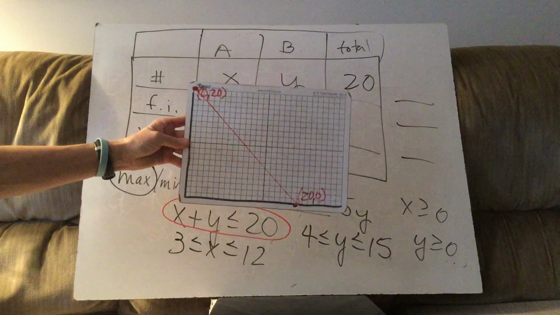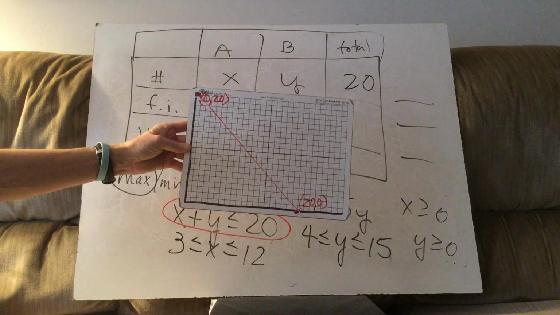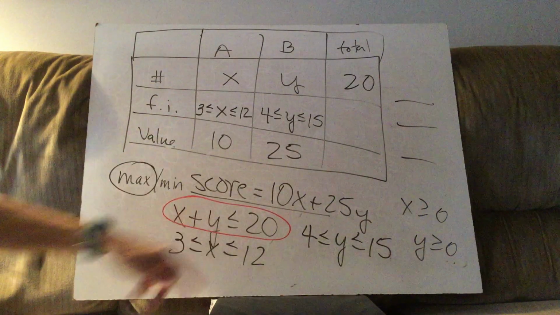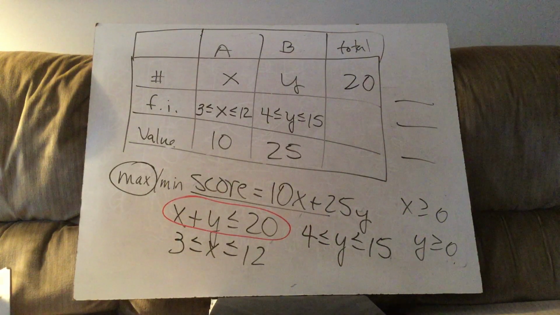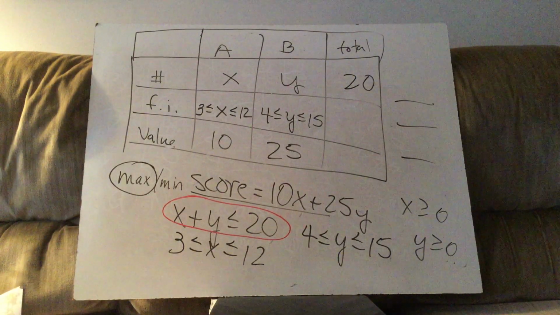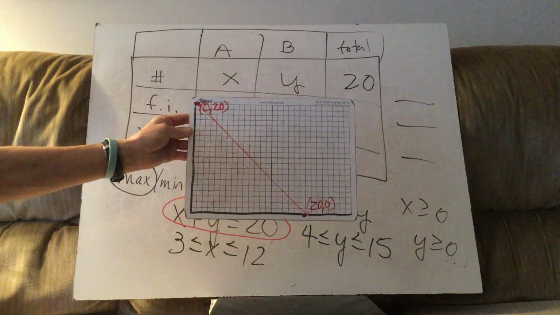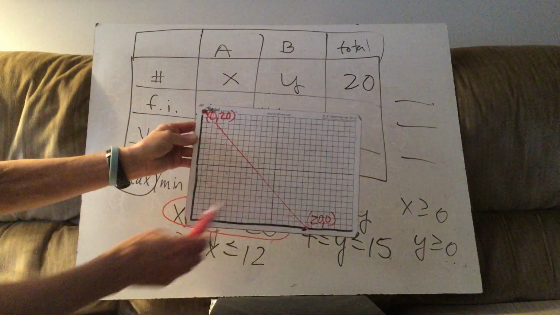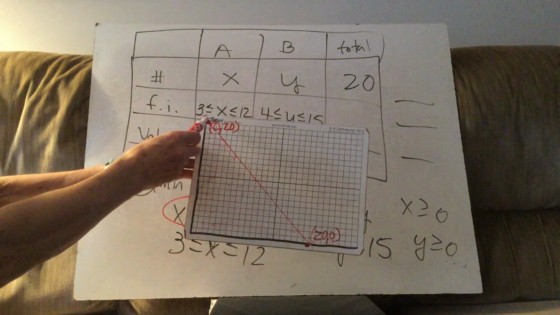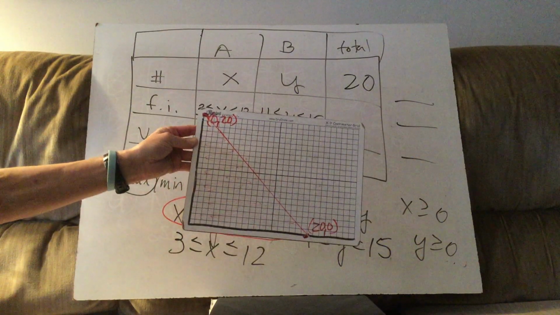So now I have this. And since it's less than, I'm going to be shaded below. So far, I am looking at the triangle created by the points 0, 20 and 20, 0.